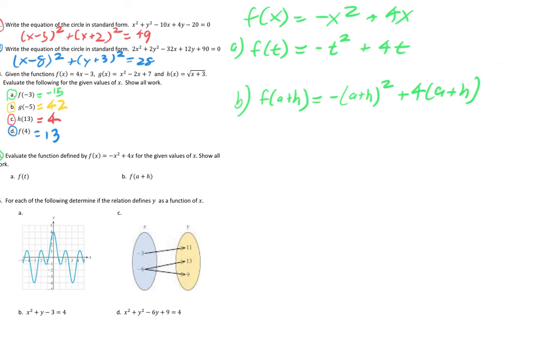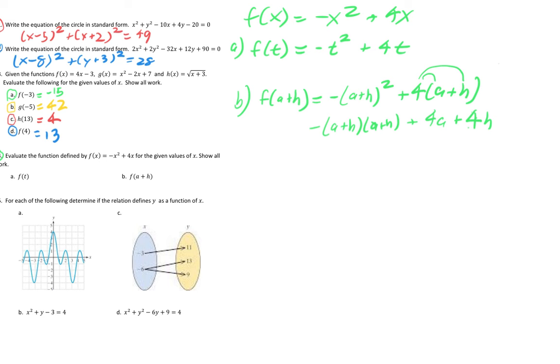And then now this time we want to simplify a little bit. So this is negative a plus h times a plus h plus 4a plus 4h, because I distributed that 4 to the a and the h.